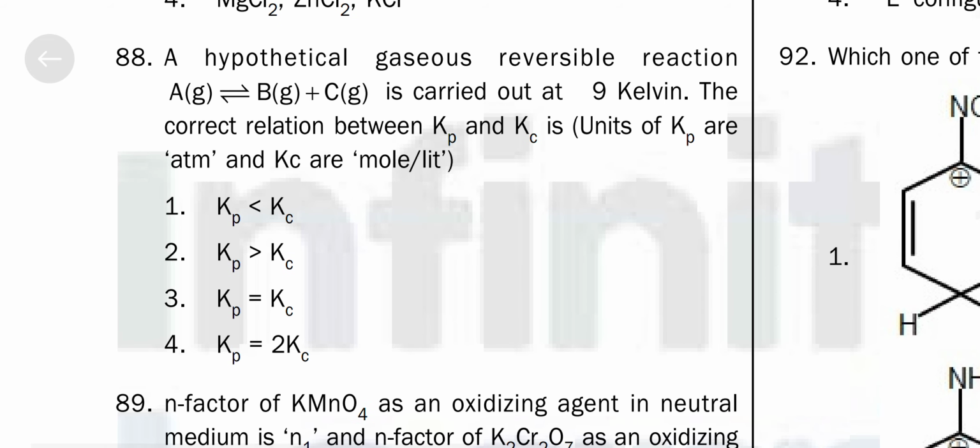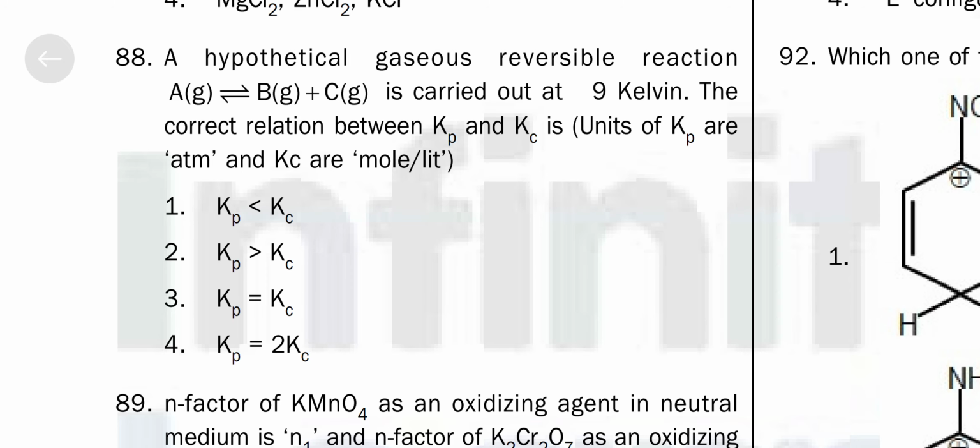A hypothetical gaseous reversible reaction A gives rise to B plus C is carried out at 9 Kelvin. The correct relation between Kp and Kc. Remember, if it is 12 Kelvin or above 12 Kelvin and delta n is positive, generally we say Kp greater than Kc. Whenever you see delta n positive, it comes into our mind that Kp is greater than Kc, but that is above 12 Kelvin.